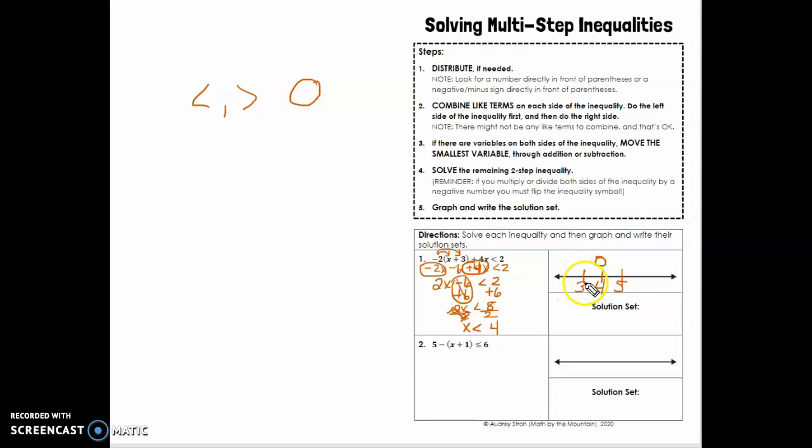So that means that the left side of 4 are the solutions. And I draw an arrow to indicate that all those numbers from 4, 3, 2, 1, 0, all the way down, those are solutions. It goes up to 4 because it's open, and then it includes all the numbers from 4 down.